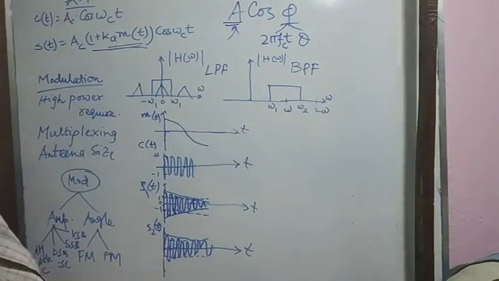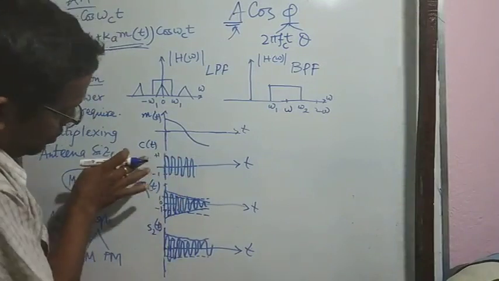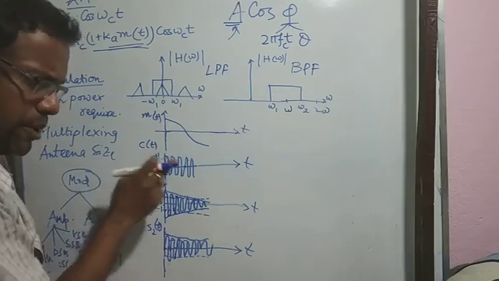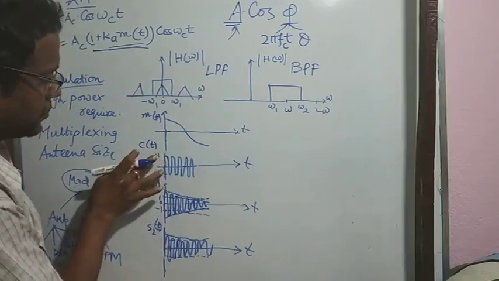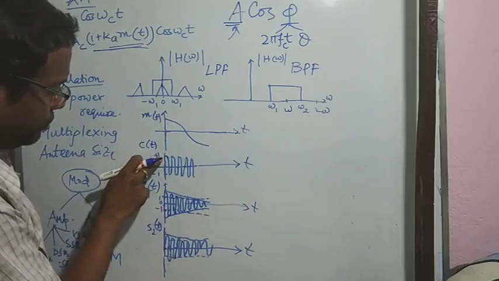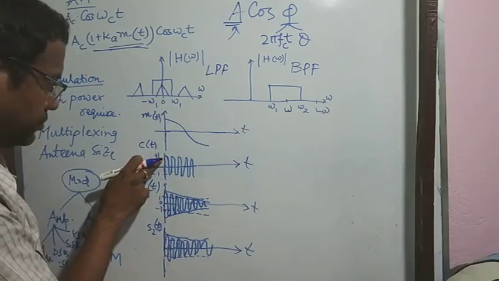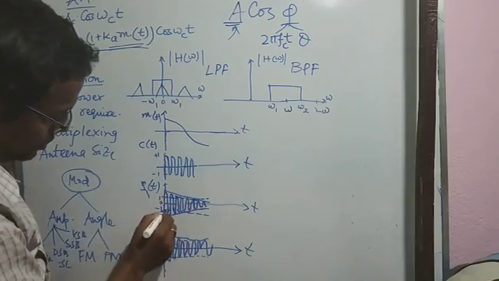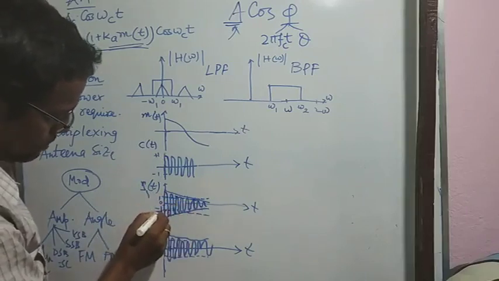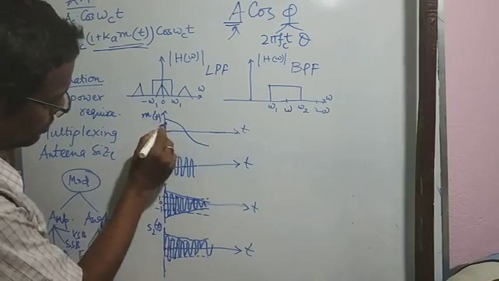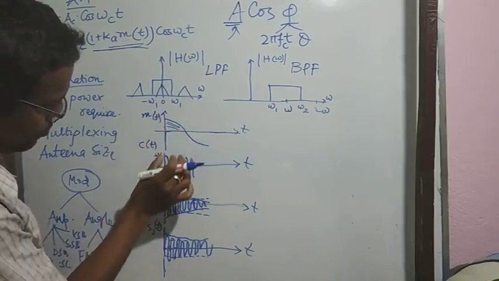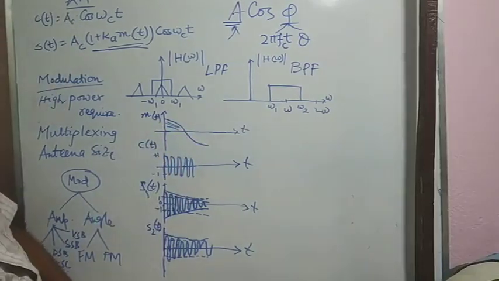You see the calculation. Here we are considering the amplitude of the carrier is 1. It may be different. So if we consider this is plus 1, here we have drawn a dotted line, you can see plus 1, minus 1. Here in this part, when we add this m(t) with the carrier signal, what will happen?